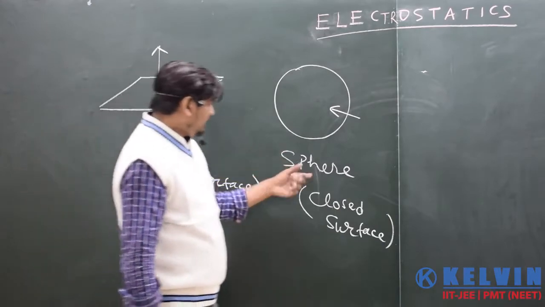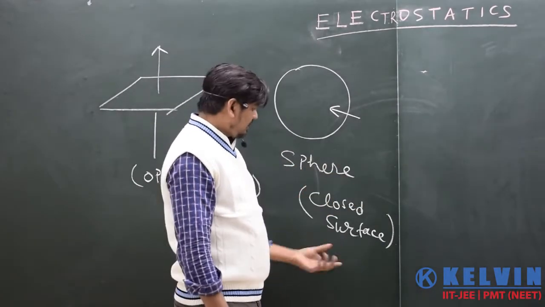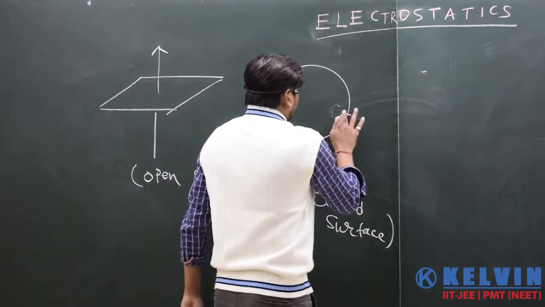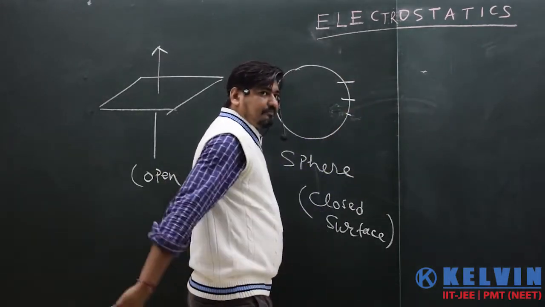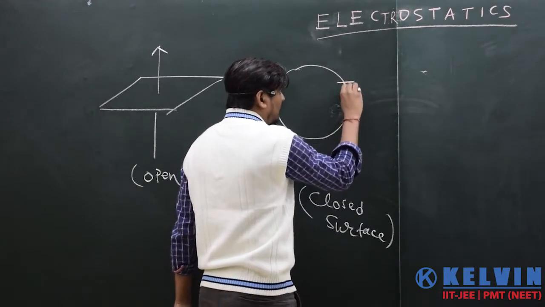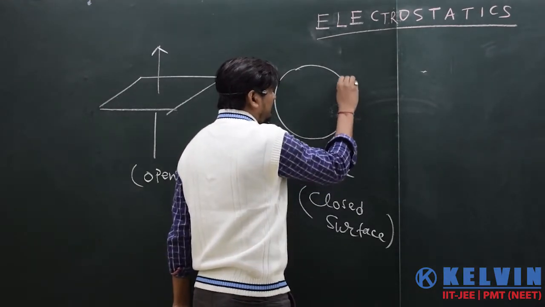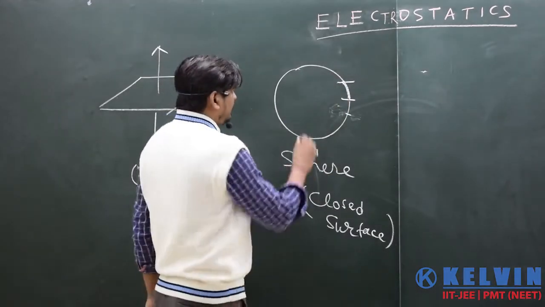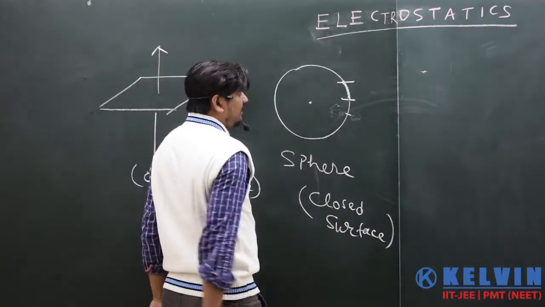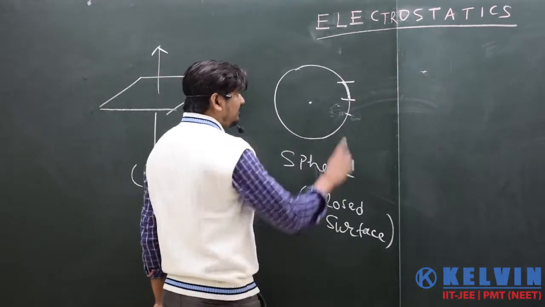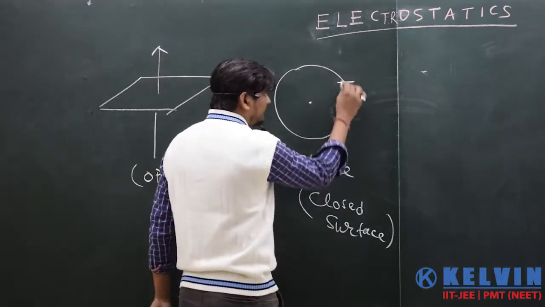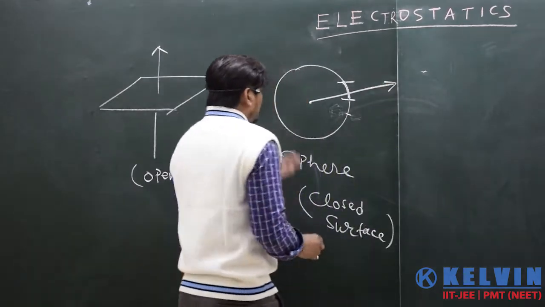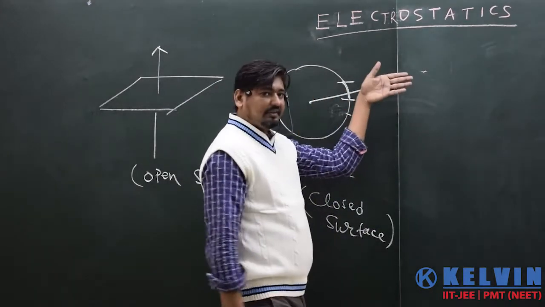But there is a convention of taking the area vector in the closed surfaces, at any point of time, at any place of the closed surface. Suppose I am taking this particular position of the closed surface. It is the center of the sphere. If I draw a normal at this particular point or at this particular elementary section, then the normal will go like this.